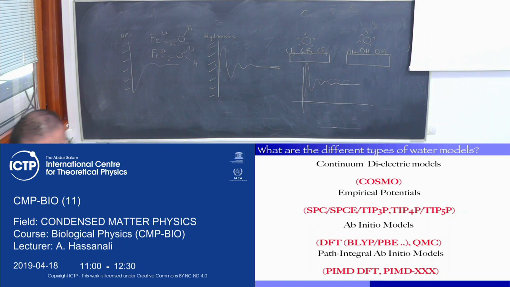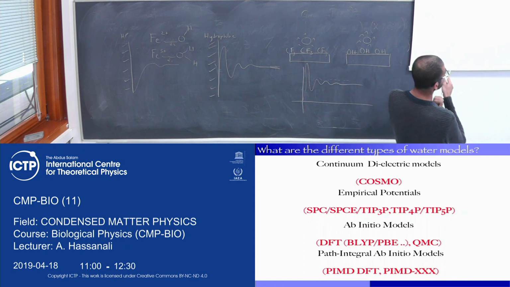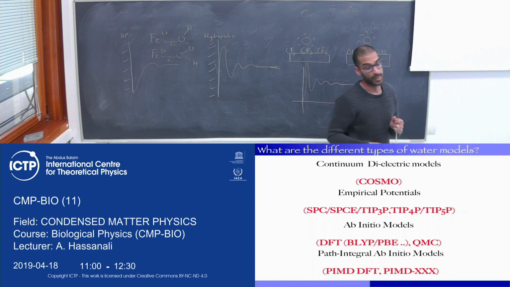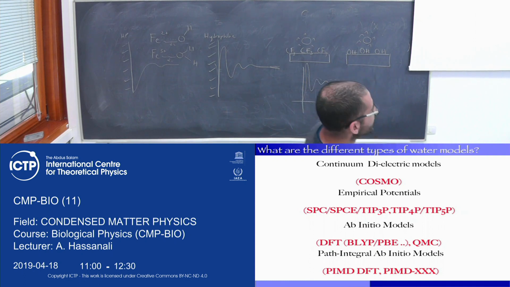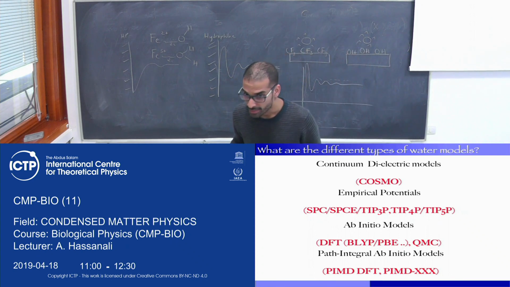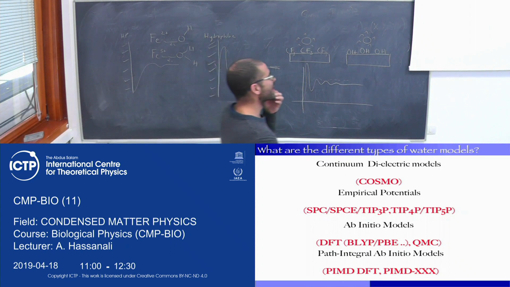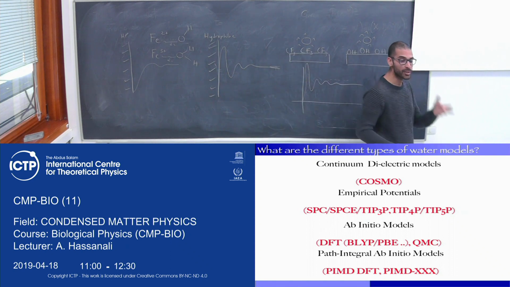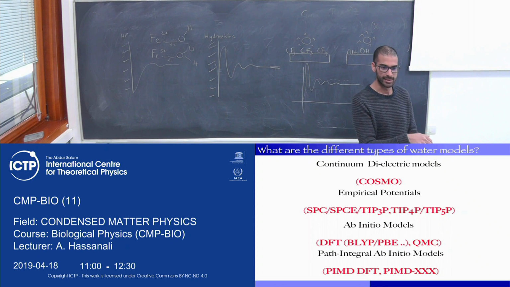Okay, so classical, no quantum mechanics, nothing. And then there are even better, quote unquote better, models based on density functional theory. And you guys now are experts in density functional theory, or you're going to be after today. The theory is exact.